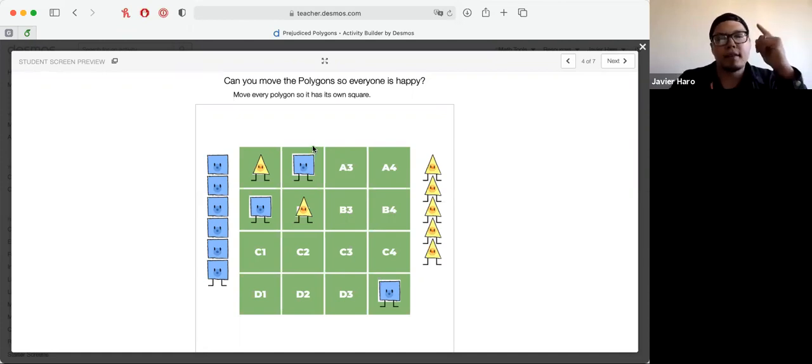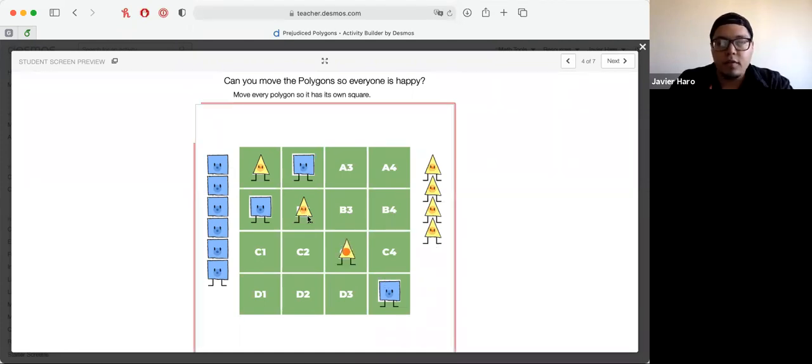Neighbors include everyone surrounding them, including diagonals. So if I have this triangle here, the neighbors are D2, D3, D4, C4, B4, B3, B2, and C2. Those would be the neighbors for this triangle on C3.